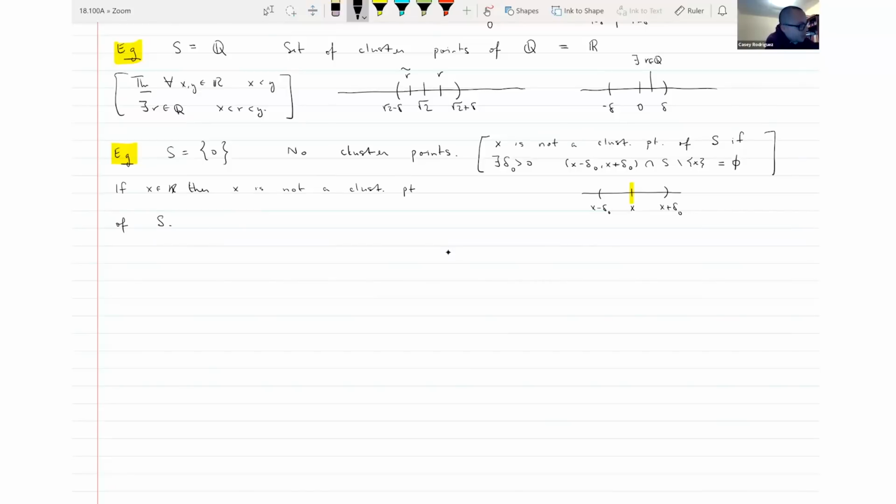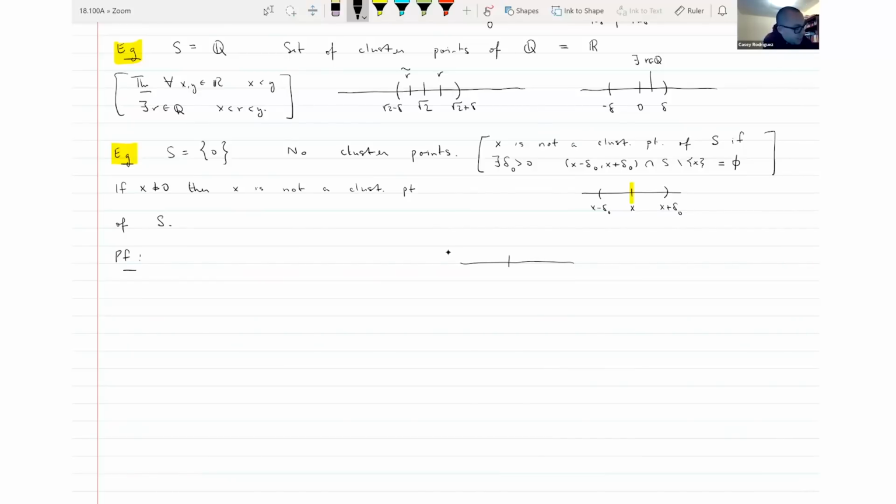X equal to 0 is much easier. So we'll just do X not equal to 0.